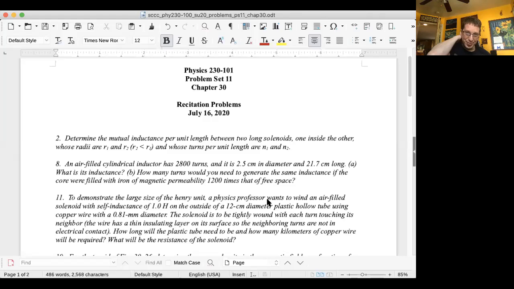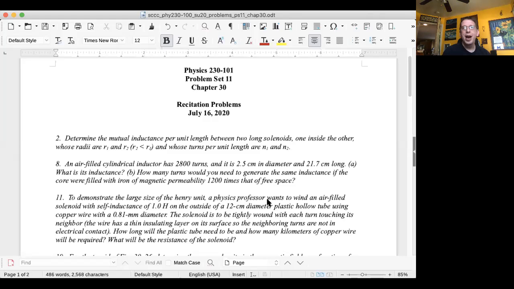So you're taking the mutual inductance M divided by the length L of the solenoids. And the key here is you've got an inner solenoid and an outer solenoid.